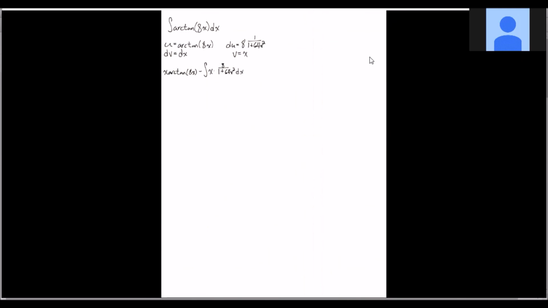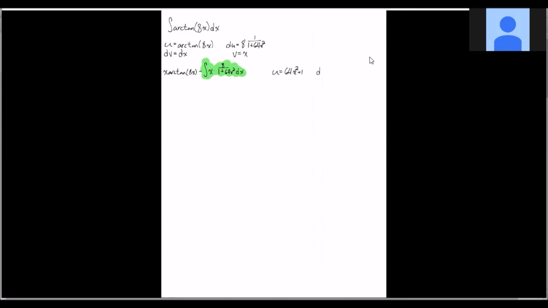So the second integral now, this guy right here, we can do with just a simple u substitution. So what I'm going to do is make my u here this 64x squared plus 1, just the denominator there.